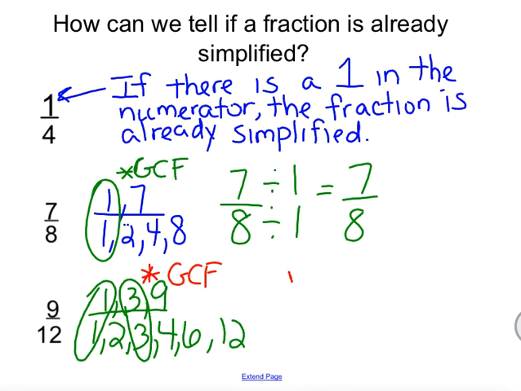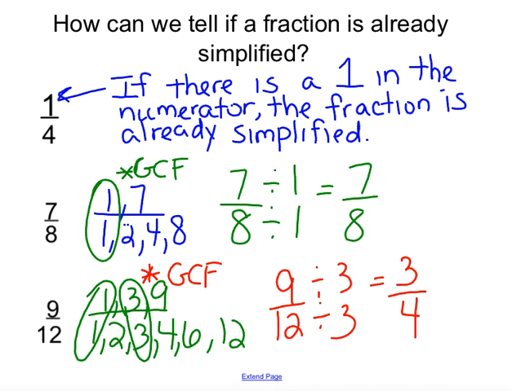Okay, so I take 9/12. I divide the numerator and the denominator by the GCF, which is 3, and I get 3/4. So 9/12 is not simplified. However, we can, and we will get 3/4.